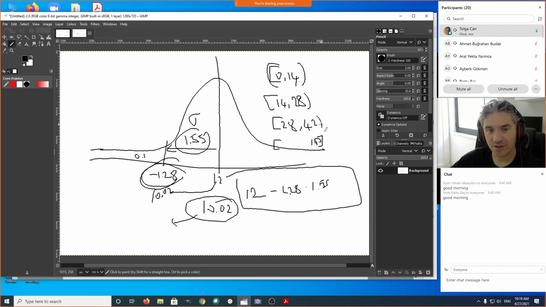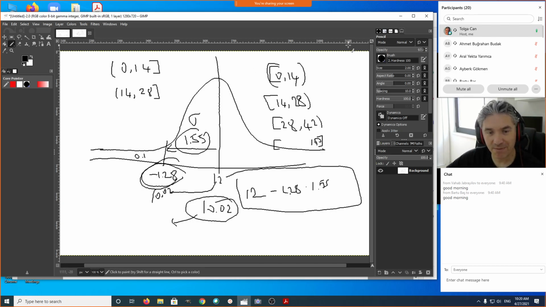So you have to decide on where to put those integer values. You can also have something like this: I include 14 in this bin, so 14 is not included in the next bin. So this is also possible. You just have to decide where the boundaries are included. Are the boundaries included in the previous bin or the next bin?